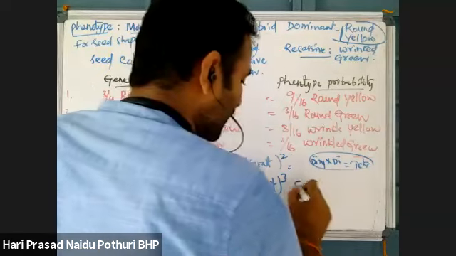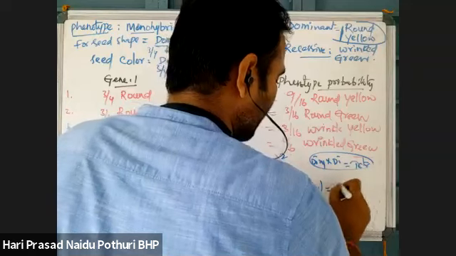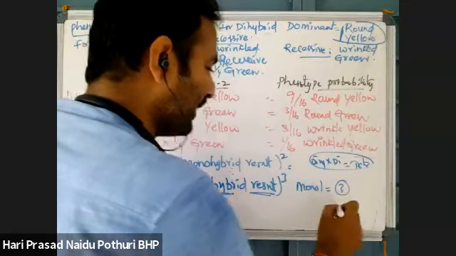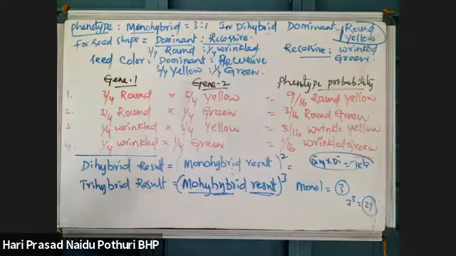How many genotypes in a monohybrid cross? Monohybrid genotypes 3. So in trihybrid, 3 power 3, 27 genotypes are possible.